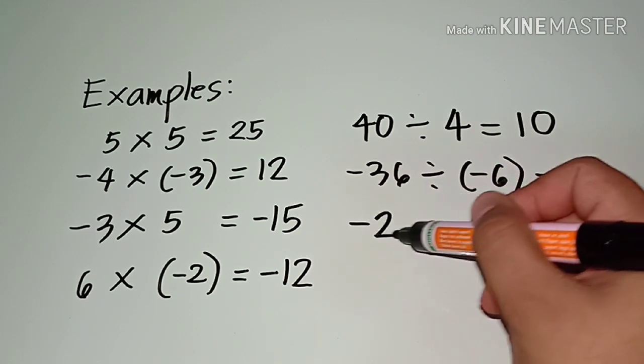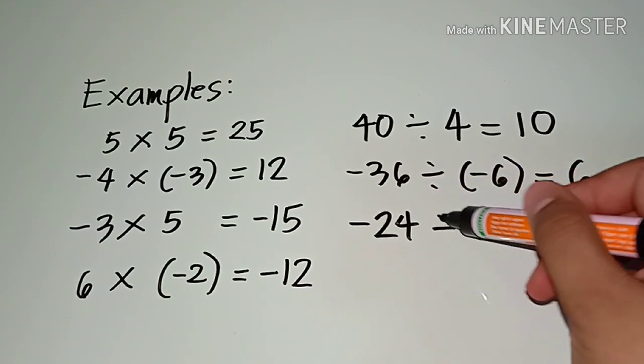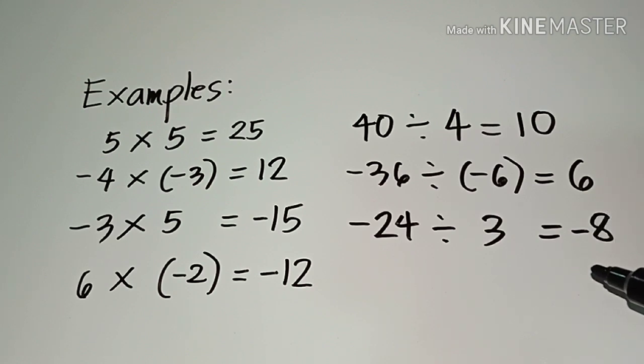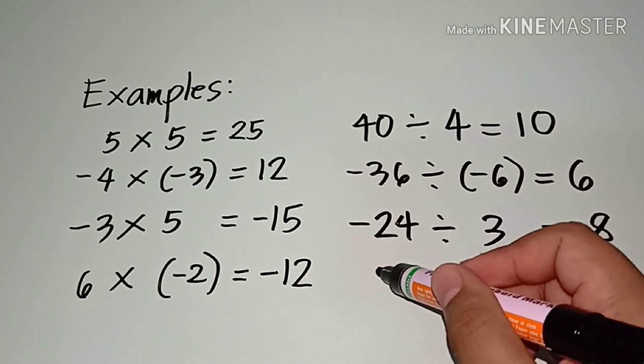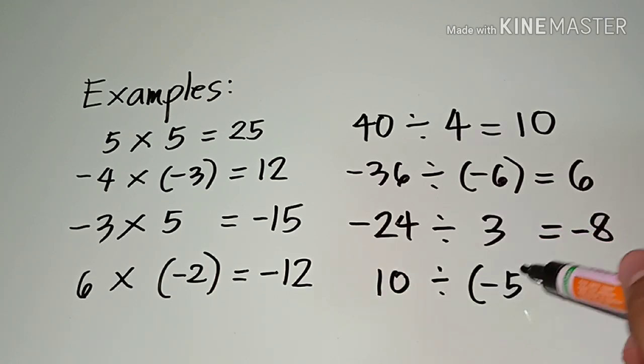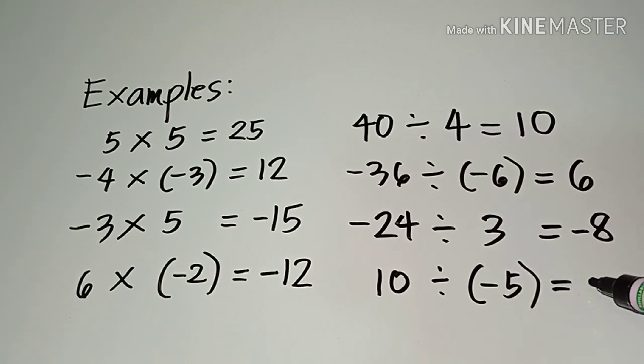Another example is negative 24 divided by positive 3. If you try to notice, the signs are different, so that means it will give you a negative answer. So negative 24 divided by 3 equals negative 8. And then 10 divided by negative 5. The signs are different again, so it will give you a negative answer.